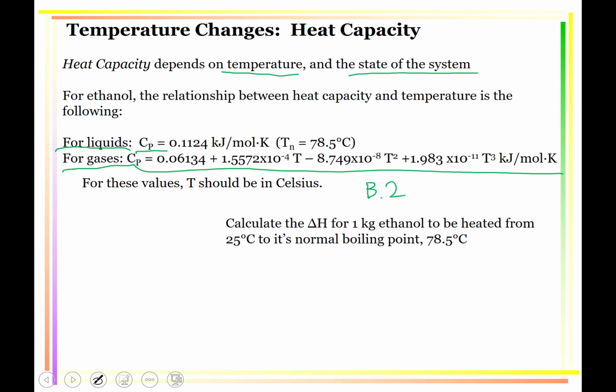Okay, so if we use that table B.2, it will tell you that the temperature should be in Celsius. So we can calculate the delta H for 1 kilogram of ethanol to be heated from 25 degrees C to its normal boiling point. Let's do the calculation. This is a liquid, okay?